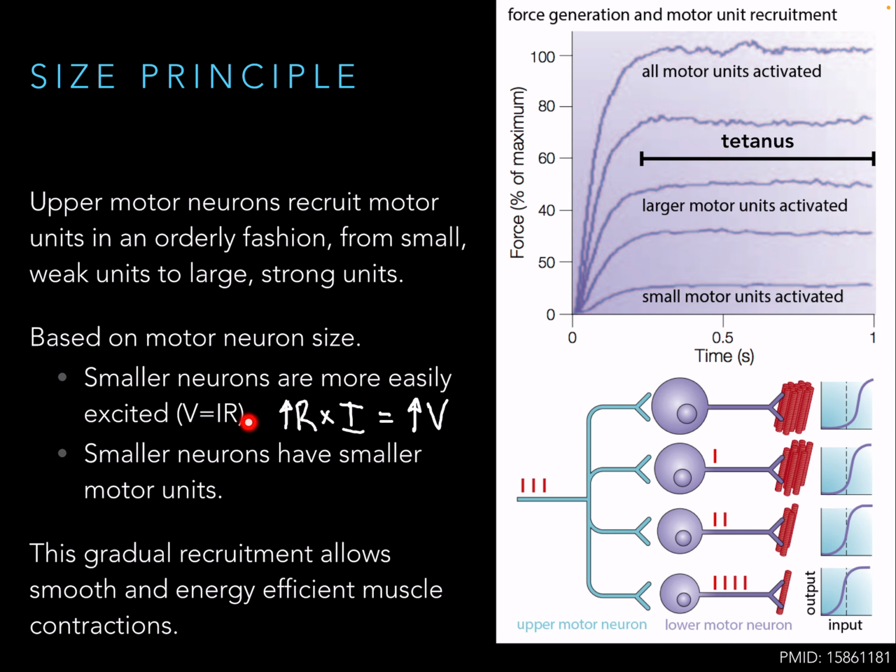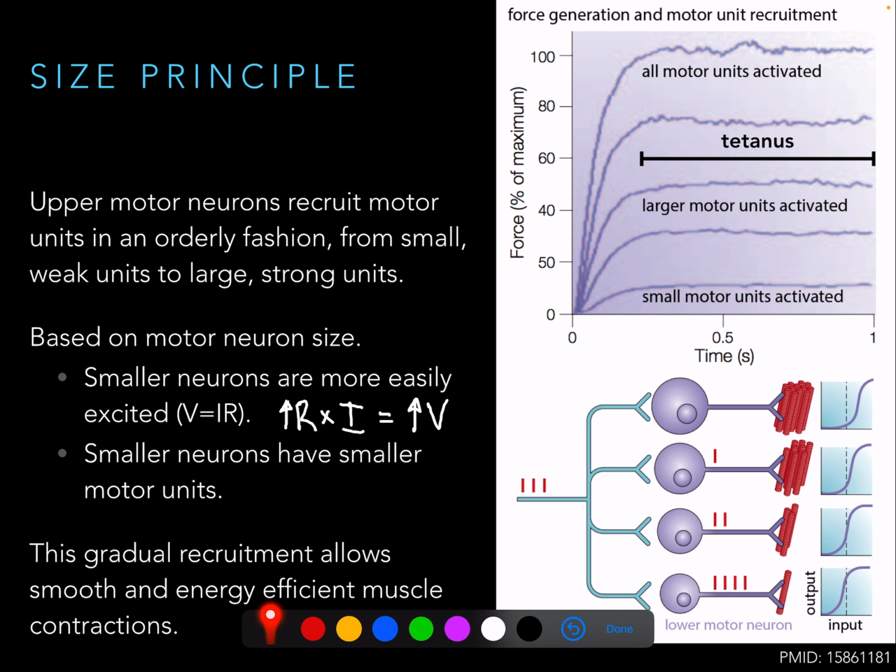It's explained by Ohm's law, and what it provides for us is that gradual recruitment from weaker, smaller, to stronger, larger motor units. And this makes the muscle far more efficient. These larger motor units are more expensive. They're going to burn a lot more ATP than the smaller motor units. So why use them if you don't need them?